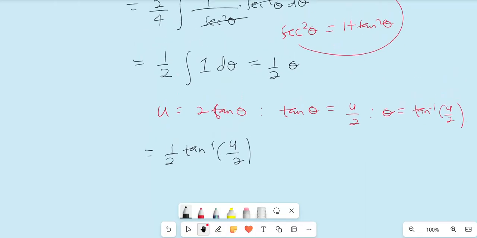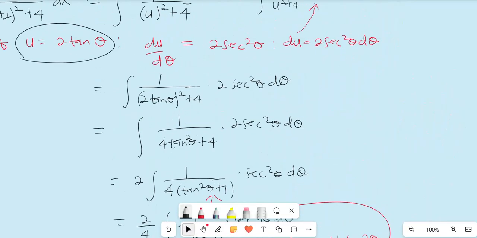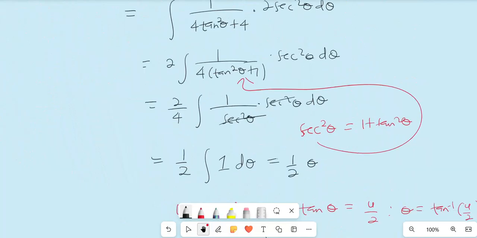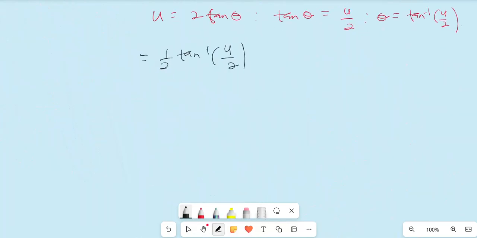We are not done. We have to move from the u world into the x world, and that should be the final one. But we know that u is equal to x plus 2, from our original u sub. So we can just plug that in here, and we should be done. So that should be 1/2 arctan of x plus 2 over 2.